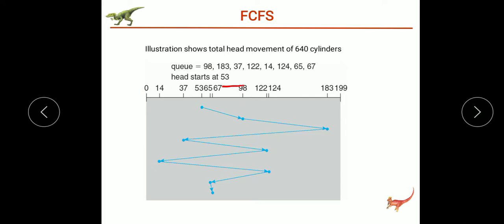In this particular example, the total head movement is 640.